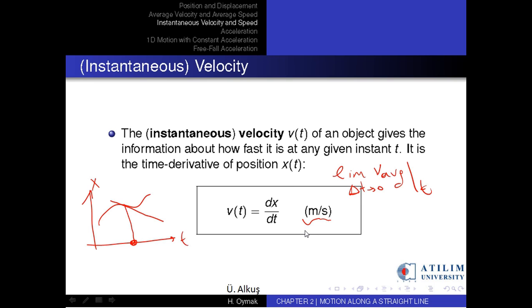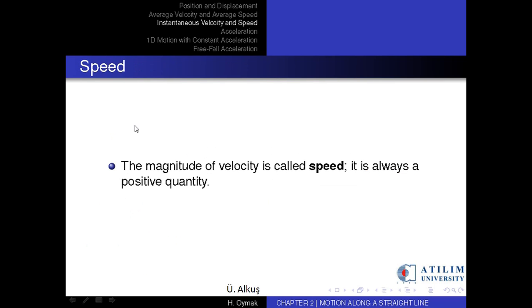Therefore, v of t is the time derivative of position x of t, that is, v of t is the rate at which the position x of t changes with time at any given instant. The magnitude or absolute value of the velocity is called speed.